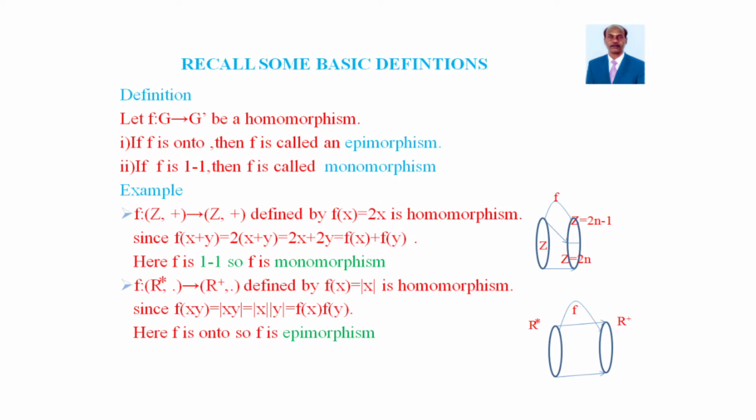So onto is satisfied, but one-one is not satisfied, because in R star both positive and negative values get the same image in R plus. For example, 1 and minus 1 have the image 1. So one-one is not satisfied. The given example satisfies onto and homomorphism. Therefore, the given function is known as an epimorphism.